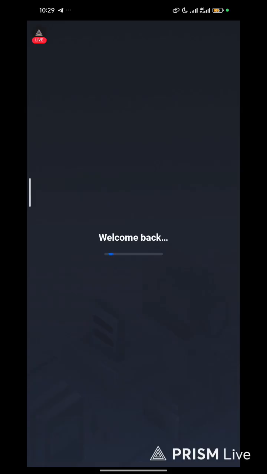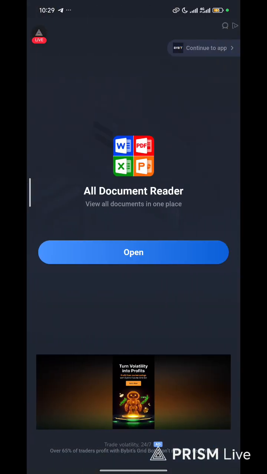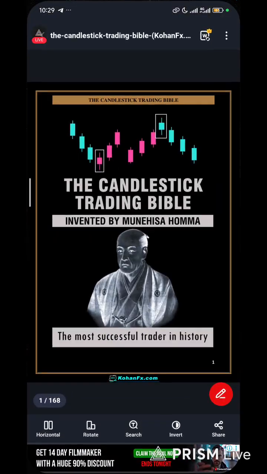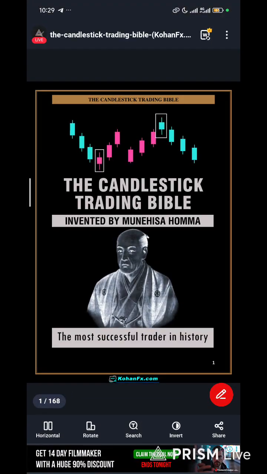This is where you understand how trading started, the basics. Okay, this book was written by Munehisa Homma, the most successful trader in history.